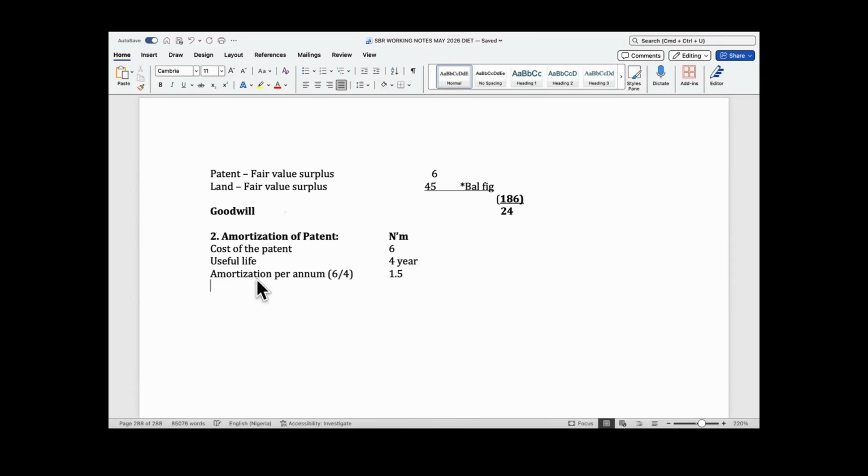Good point. Yeah, you're correct, Beatrice. Debit P&L, credit intangible asset.